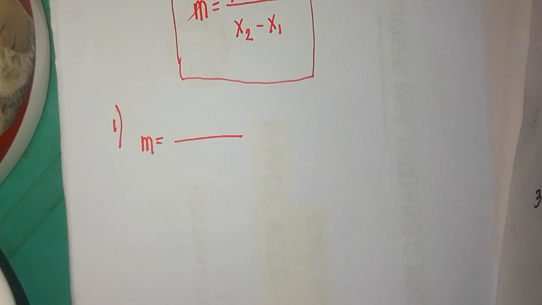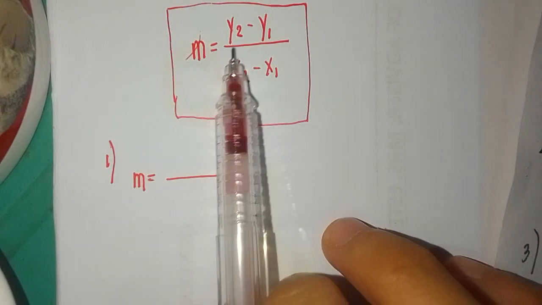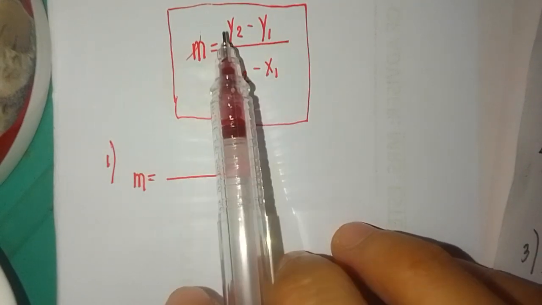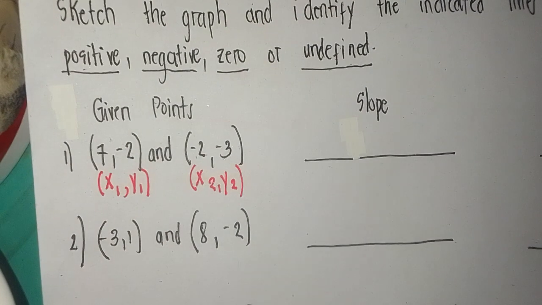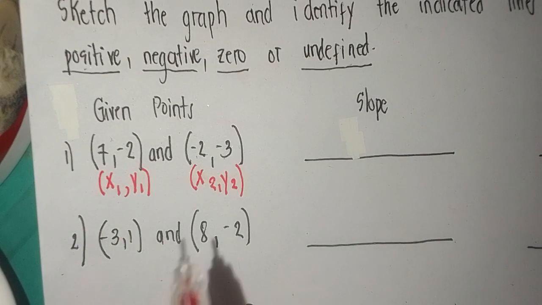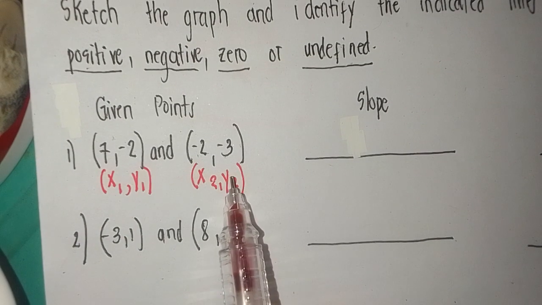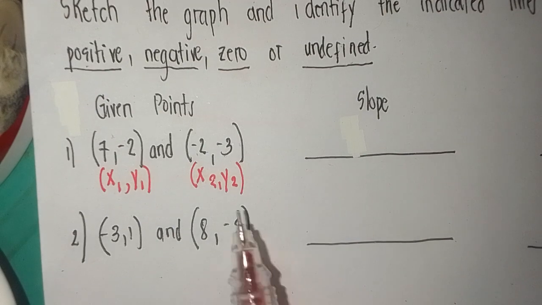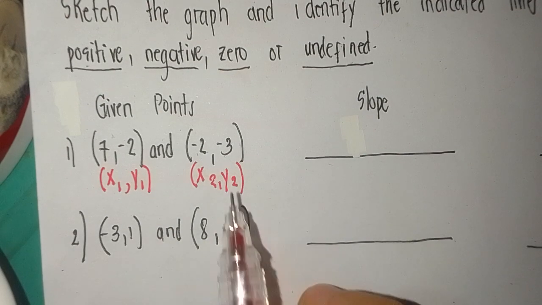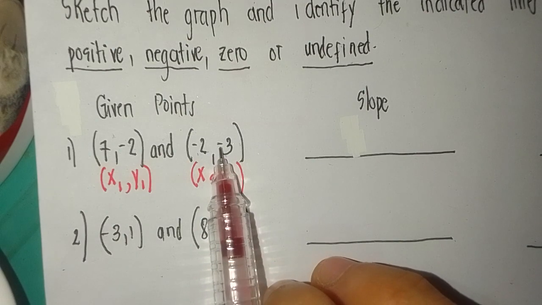So for number 1, m is equal to, following the given equation, y sub 2 minus y sub 1. So what is our y sub 2 in our first item? Looking at the given, y sub 2 is here and its corresponding value, as what we see here, is negative 3.